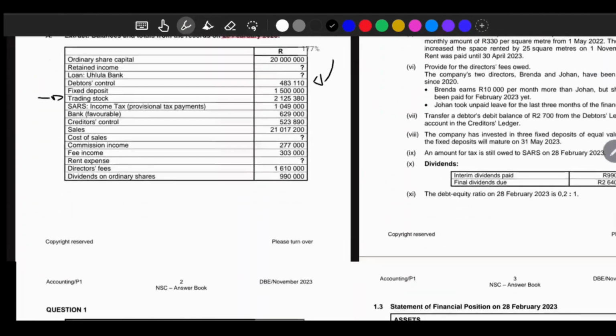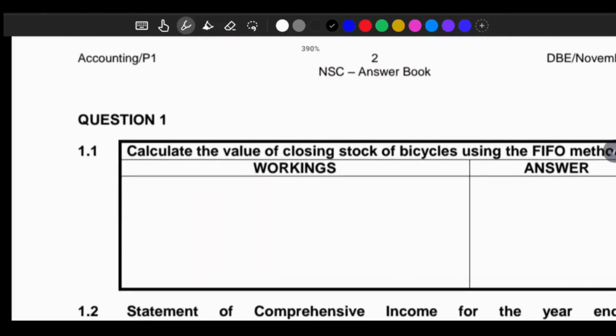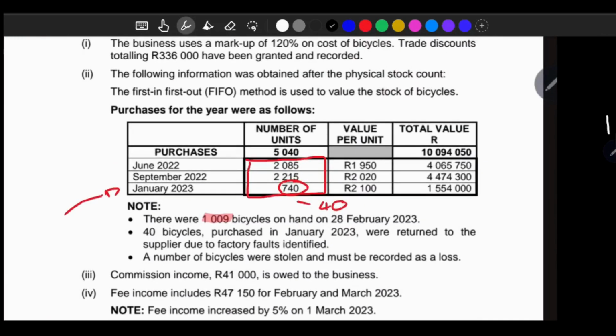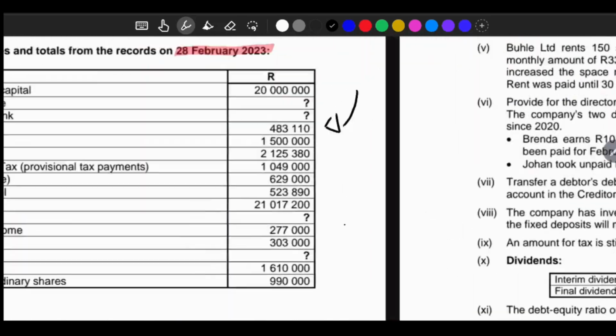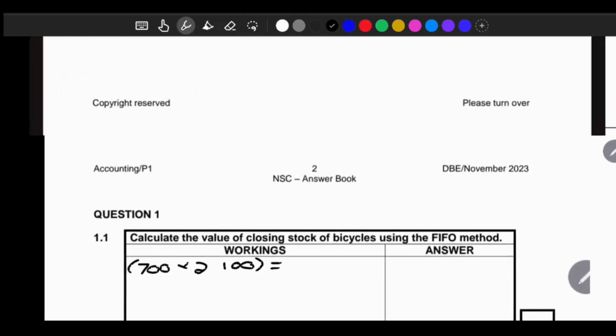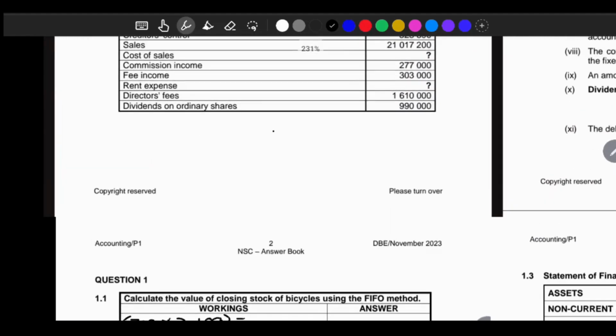So here it says 700 bicycles. We had 700 bicycles at the value of 2,100 each, right? Times 2,100. Now, how many bicycles are left now? Remember, in total, we have 1,009.